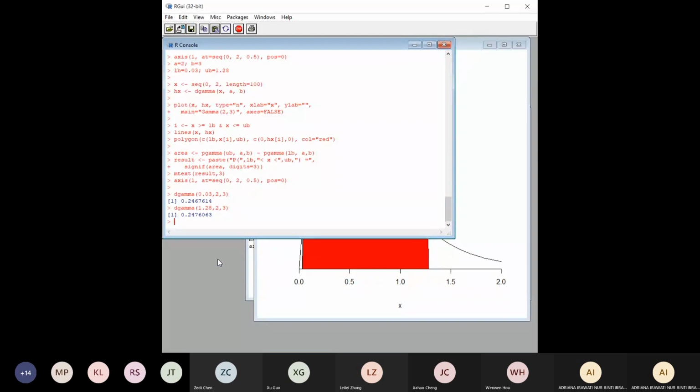So the height at 0.03 and 1.28 is actually similar. That is the best we can do at 2 decimal places, which is quite good.